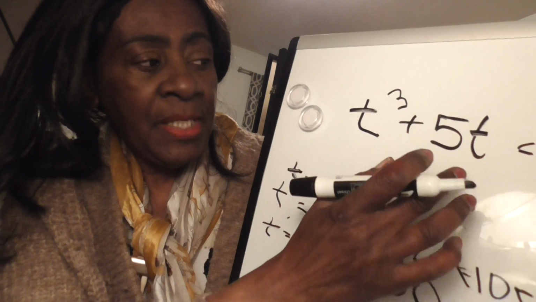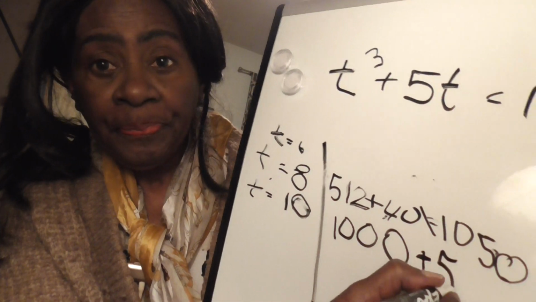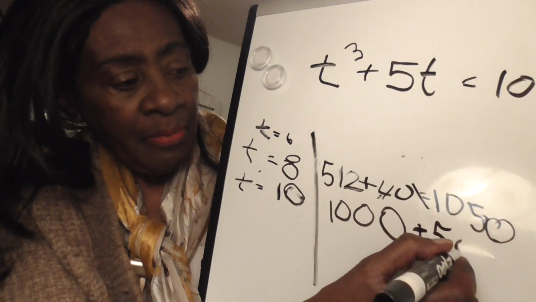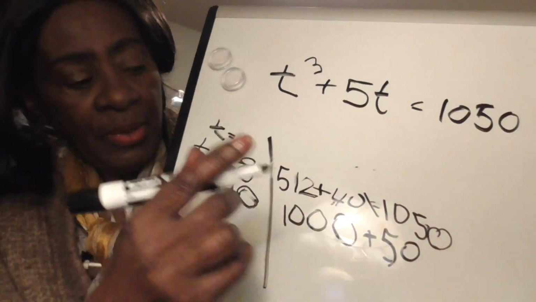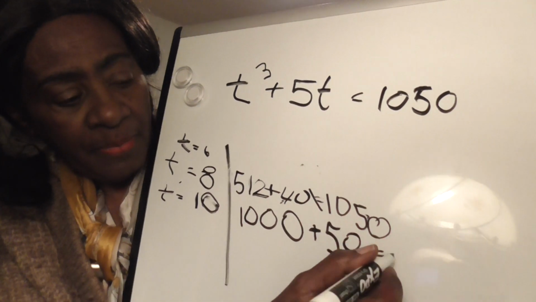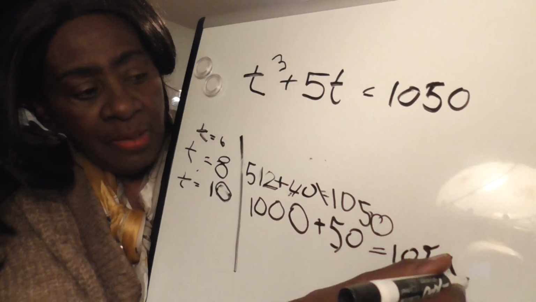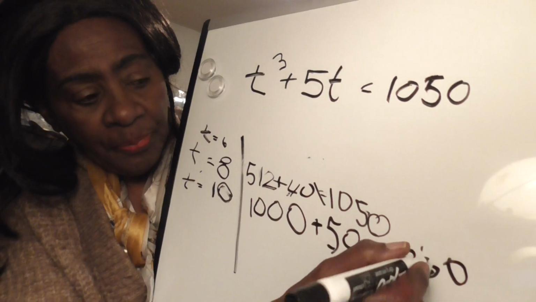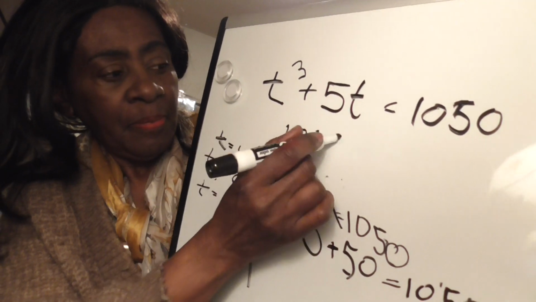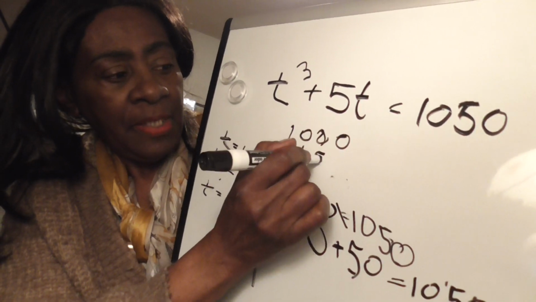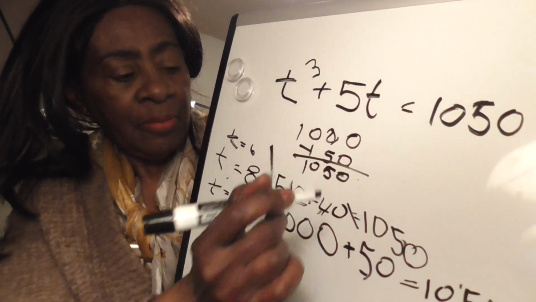10 to the second power is 100. The third power is 1,000. The next t we see, we'll multiply it by 5. 5 times 10 is 50. What does that equal? Let's see. 1,000 plus 50 equals 1050.